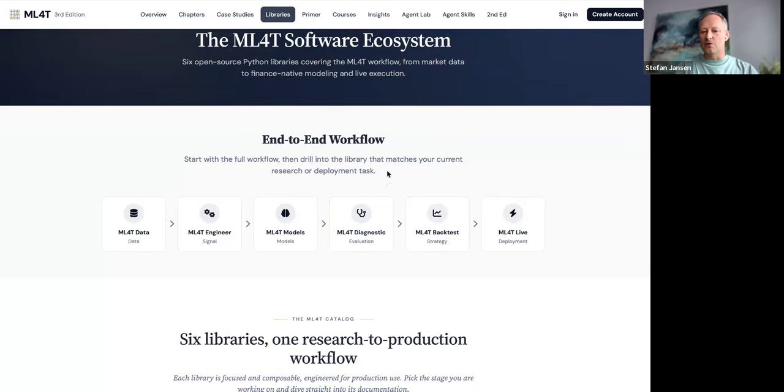The backtesting library is also new. You may know that I've been maintaining the Quantopian set of libraries since the second edition. That's Zipline, Pyfolio and AlphaLens. These are great libraries, but they were also launched over a decade ago, so it was maybe time for a refresh, and these libraries represent this refresh.